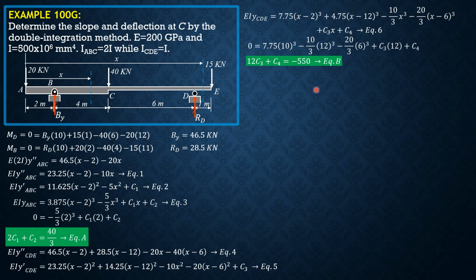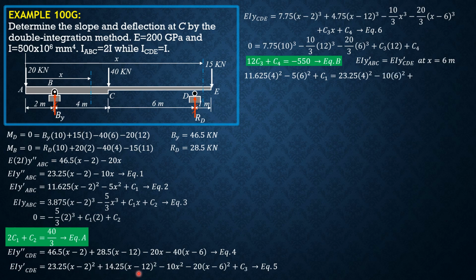Call that equation B. Then we now have to equate slope at C, or EI y prime ABC, in particular when x is 6, equals EI y prime CDE when x is 6. So first here, 11.625 times 6 minus 2, 4 square, minus 5 times 6 square plus c sub 1 equals 23.25 4 square.